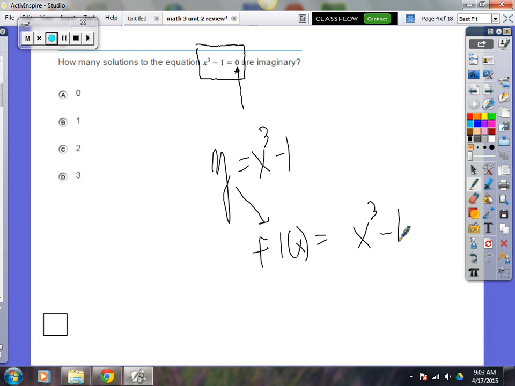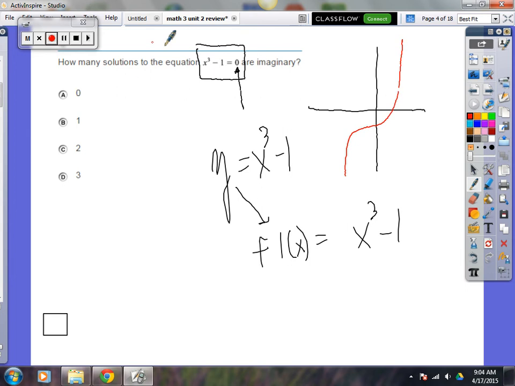Okay, then if you hit enter, you've got to look at the graph. It comes up something like this. Comes up, and then comes over, and then comes up right there.